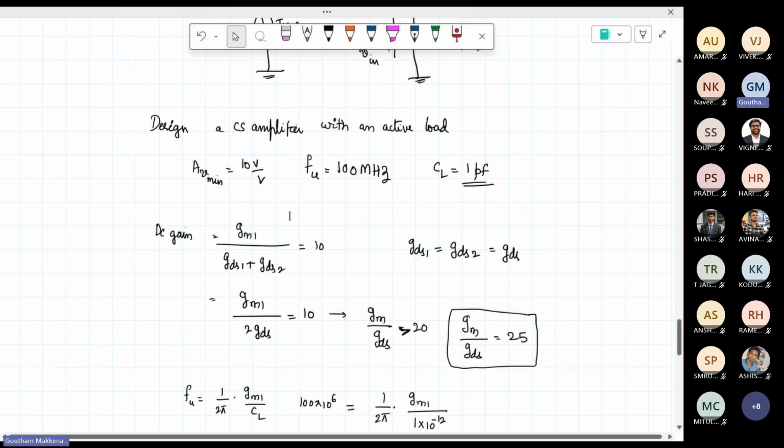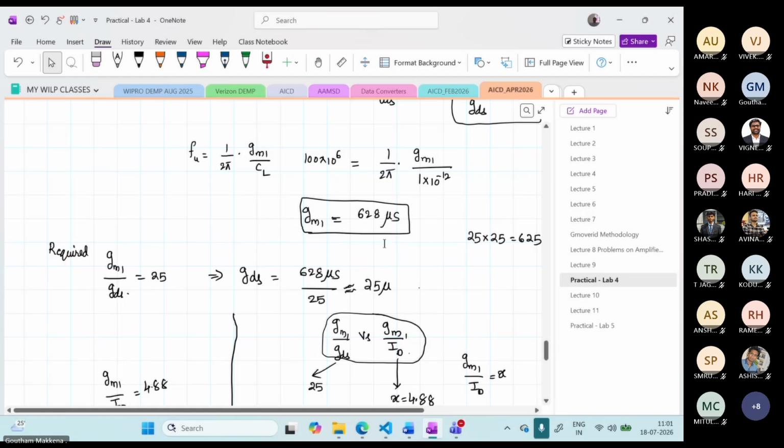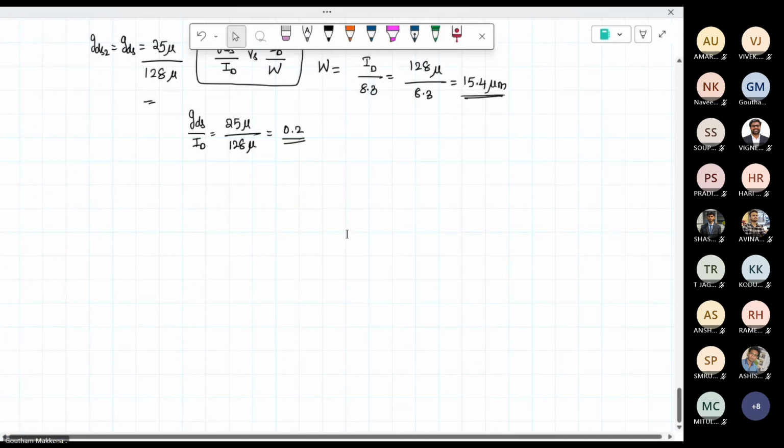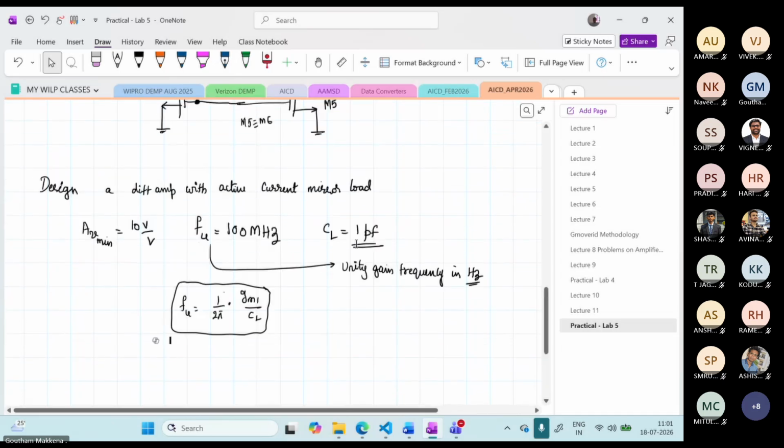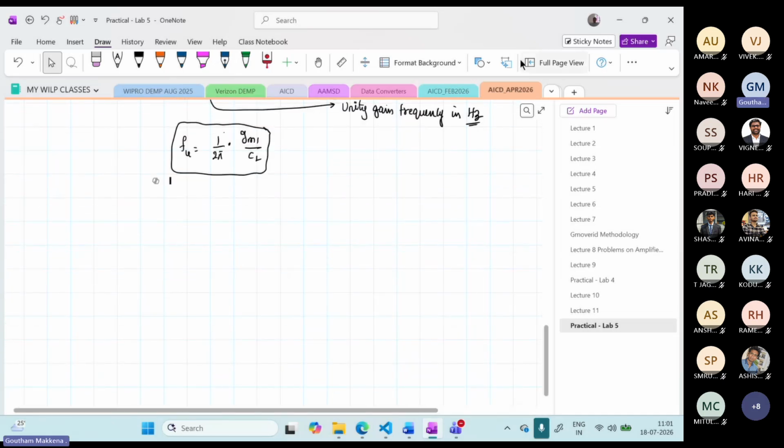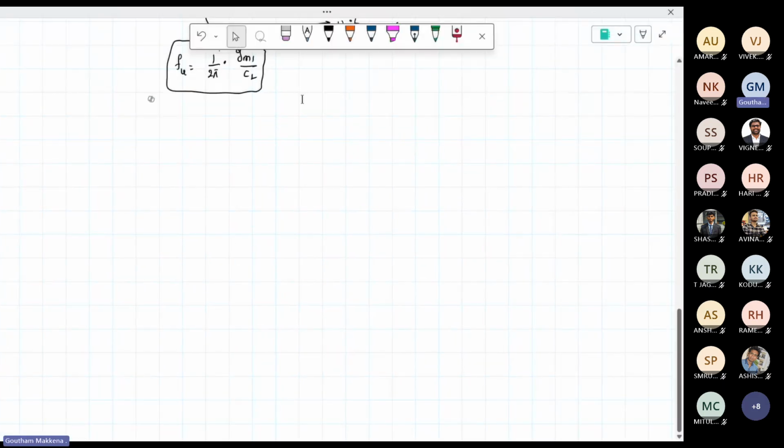So what is the DC gain? Will the DC gain change? Let me write down the transfer function here itself.